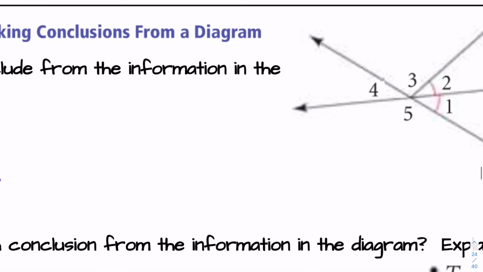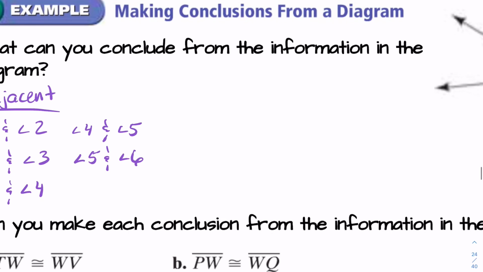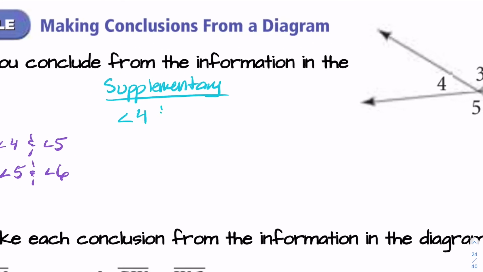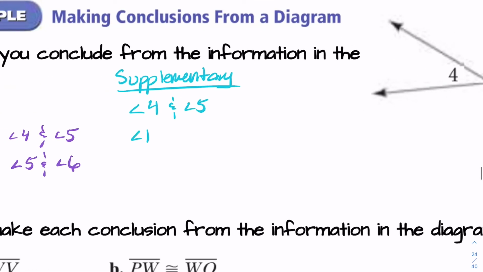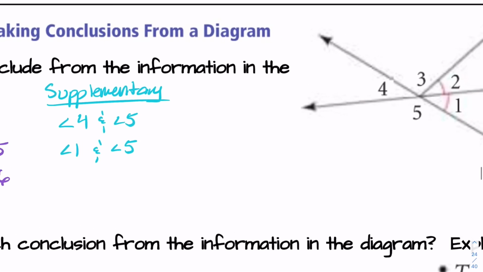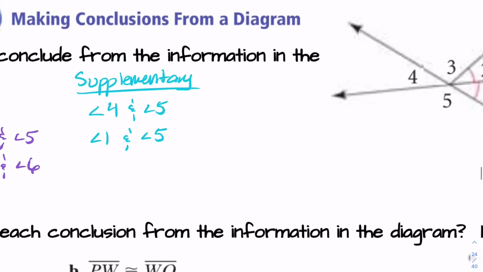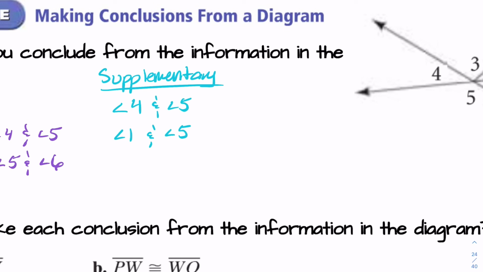What ones are supplementary? So supplementary, angle 4 and 5, angle 1 and 5. These are also, let's see, 4 and 5, 1 and 5. I don't see any other combination. So I can also say that these are also a linear pair.